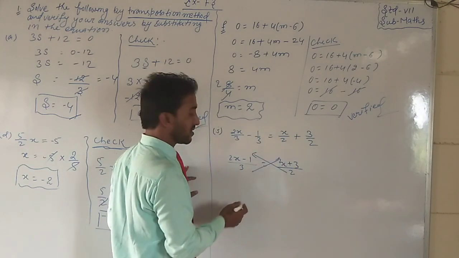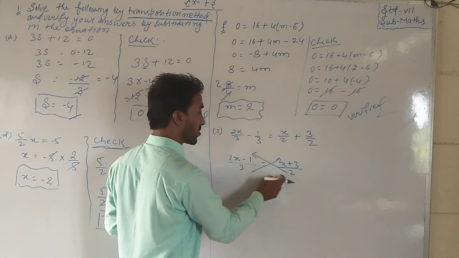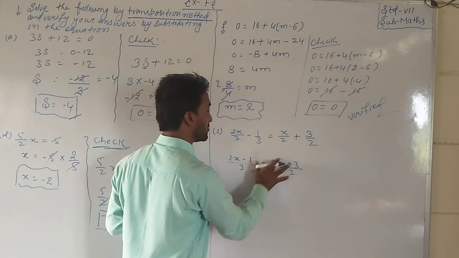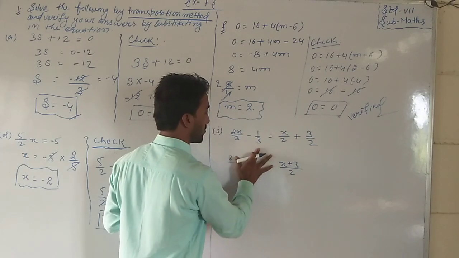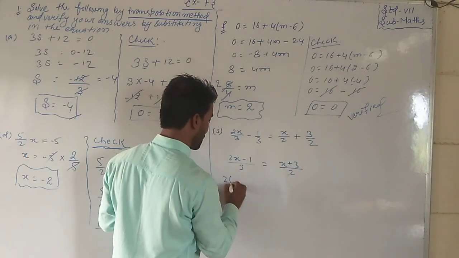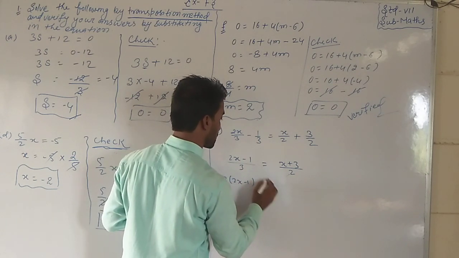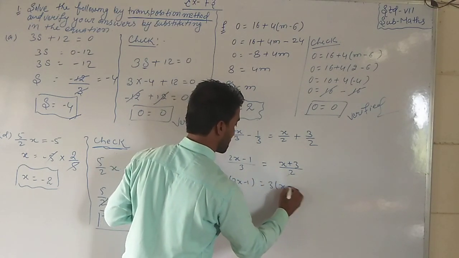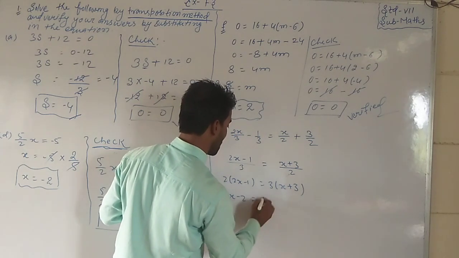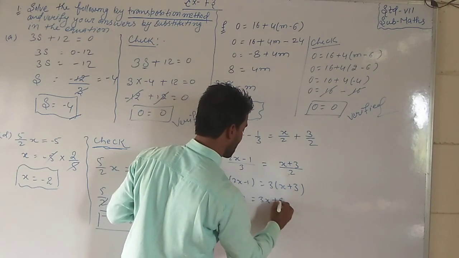This will multiply by this equation, because we are transposing the denominator. It means 2 into 2x minus 1 is equal to 3 into x plus 3. 4x minus 2 is equal to 3x plus 9.